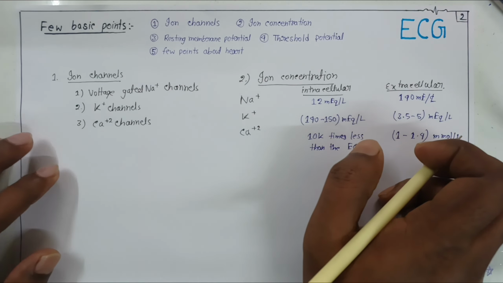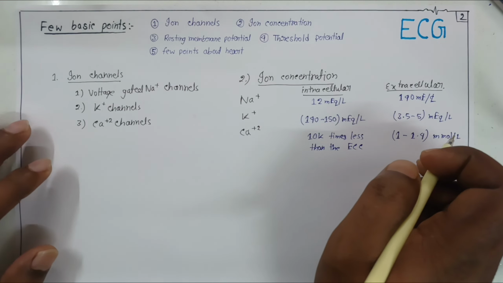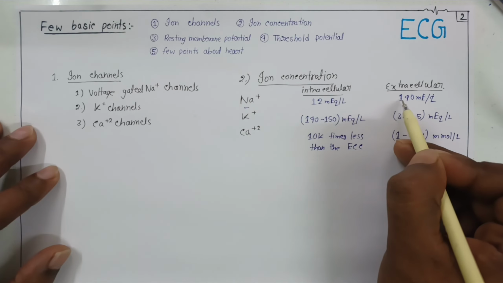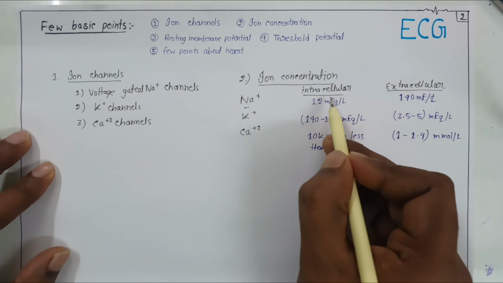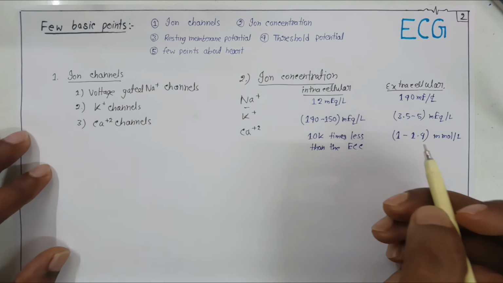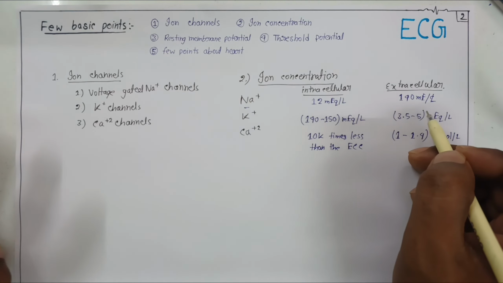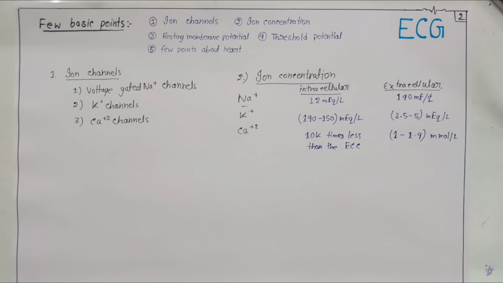It's okay if you can't remember this, but you must know that the extracellular concentration of sodium is more, that is about 140, and intracellular concentration of calcium is less, so these are opposite. You have to remember that the extracellular concentration of sodium is more and extracellular concentration of potassium is less.